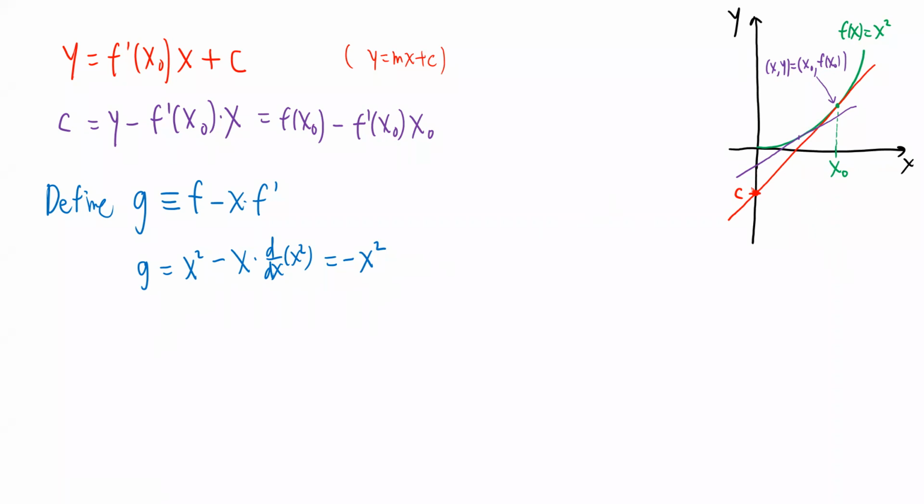Now I want to express g not as a function of x, but as a function of f prime. Right now, I can say that g as a function of x is minus x squared. But what I am asking is to express g as a function of f prime.